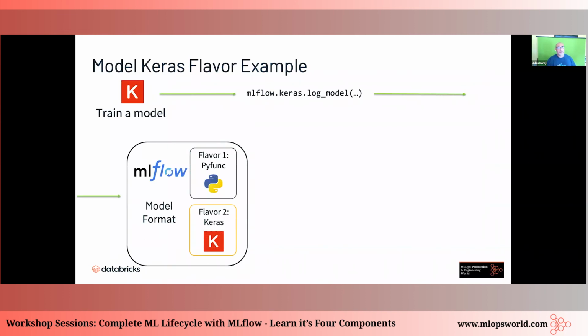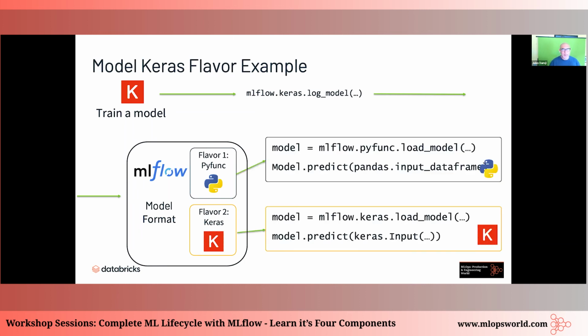So, we make sure that those dependencies are present in the deployment environment where this particular model is deployed. And then the great thing is that when you use any of the libraries, either say MLflow Keras log model or MLflow Scikit log model, we'll have the model format create two versions of that, a PyFunc version and the model flavor version. And whenever you want to use this particular model, you just use the MLflow load to load that particular function as a Py function, and then use the predict method on it and input a pandas data frame.